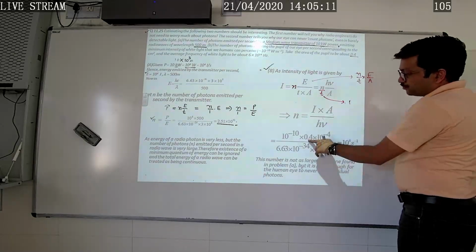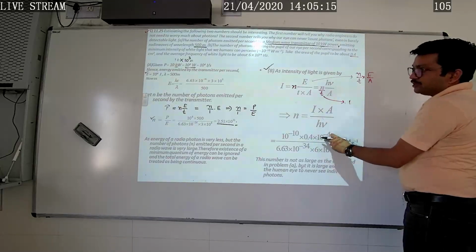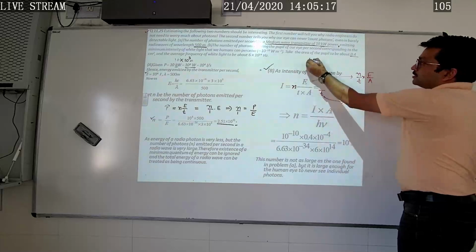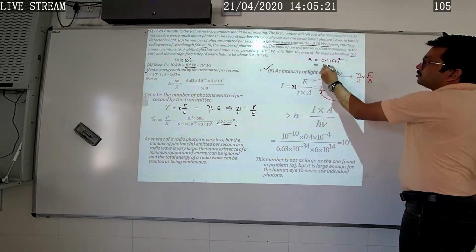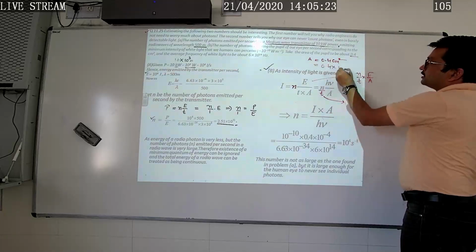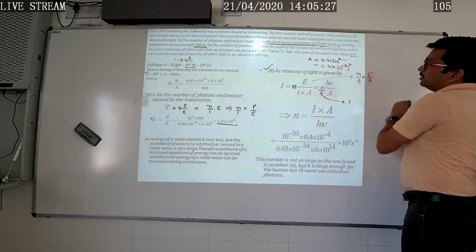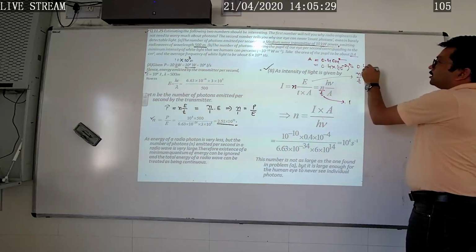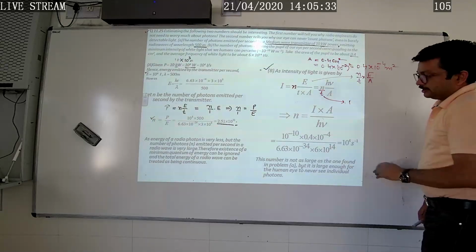So 0.4 into 10 to the power minus 2, whole square, because we want to convert the area, which is given as 0.4 centimeter square, into the international system. That will be equal to 0.4 into 10 to the power minus 4 meter square.